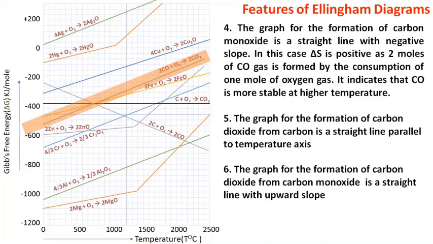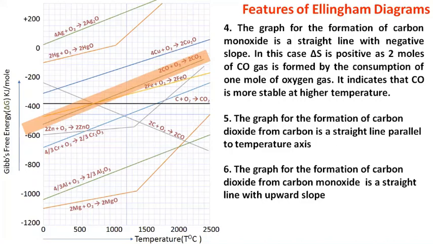You can see here, 2 moles of carbon monoxide, which is a gas, and 1 mole of oxygen, which is a gas, producing 2 moles of carbon dioxide. That means on the reactant side we have 3 moles, and on the product side we have 2 moles. So delta S is equal to 2 minus 3.